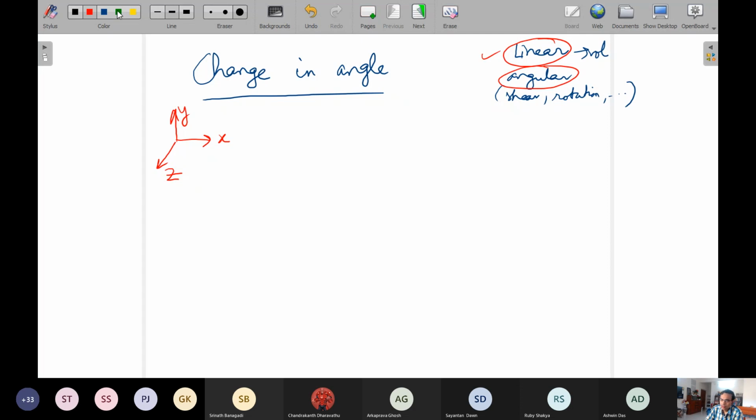Angular velocity will have components along all three axes. Now, angular velocity component along x, what does it mean? It means that the change in angle is taking place in the YZ plane.